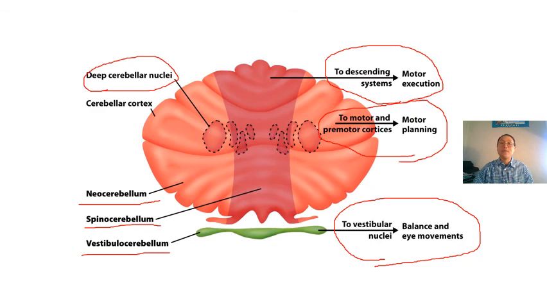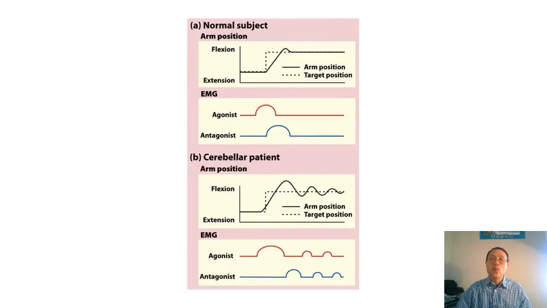Now, one of the things about the cerebellum is that, again, a lot of it is involved in motor learning. So one of the things they did was to examine the arm position and the associated EMG activity during rapid elbow movement.